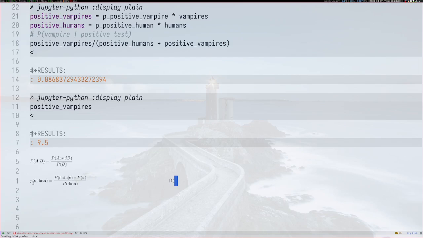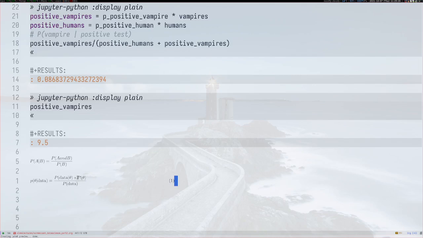The probability of particular values for the parameter or parameters, this could be a vector theta, conditional on the data, is equal to the likelihood, the probability of the data conditional on the parameter value theta, times the probability distribution of theta.